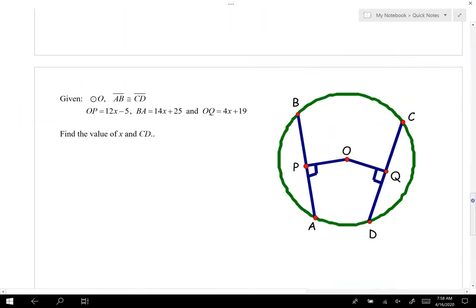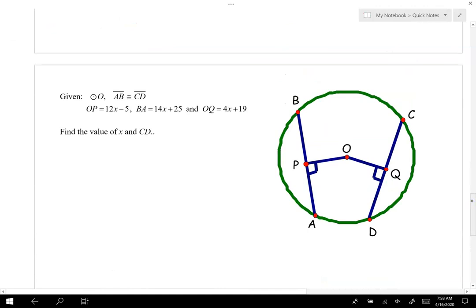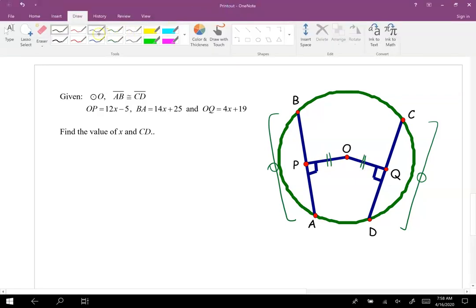Right here, oops. So circle O, we'll mark what's given. All right, segment AB is congruent to segment CD. Ooh, so we know if the chords are the same length in the same circle, then we know these distances are the same. So I can automatically mark that. And then now in my picture, I'll write out what other given information.